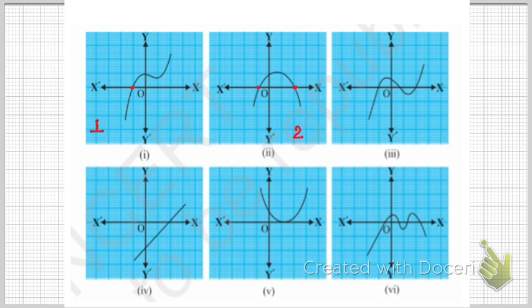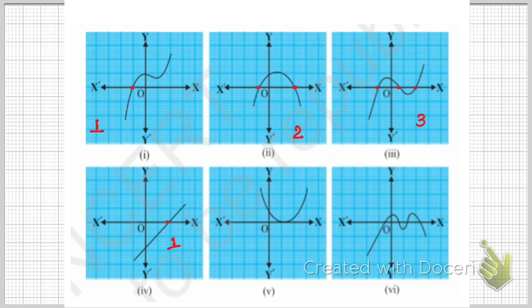It is touching the x-axis at 2 different points. Third one, number of zeros is 3, touching the x-axis at 3 different points. In the fourth one, the number of zeros is 1. Straight line we have got. Linear polynomial it is, and it is cutting the x-axis at 1 point only.